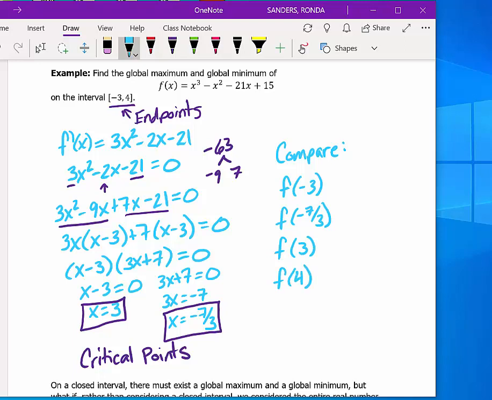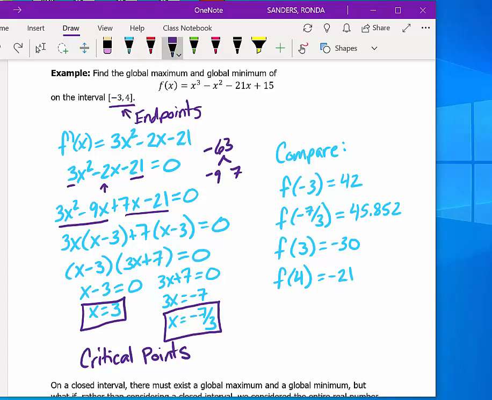We can use the table function on our calculators to calculate these values as +42, 45.852, -30, and -21.